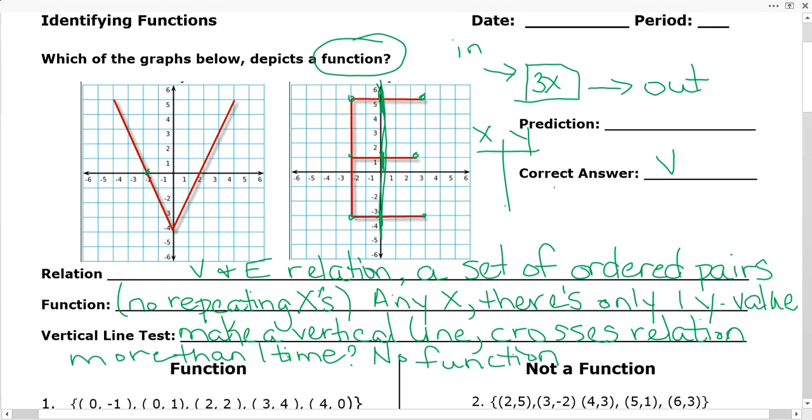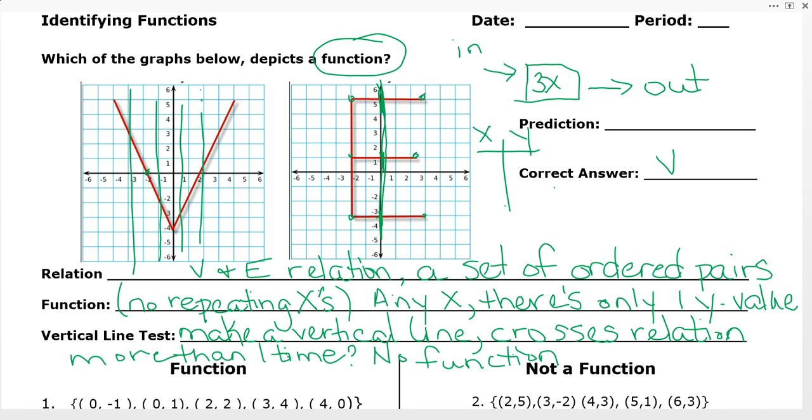So when we're looking at a vertical line, you should be able to put a vertical line anywhere, and you should only cross your relation, which is the line that's connecting the V and the E. If you cross it more than once, anywhere, it's not a function. It doesn't matter if there's one place where you only cross it once. If there's any vertical line anywhere in the relation that crosses it more than once, then it is not a function.